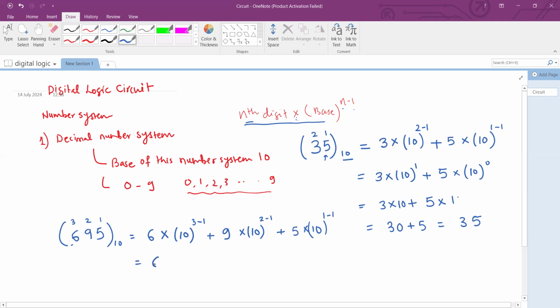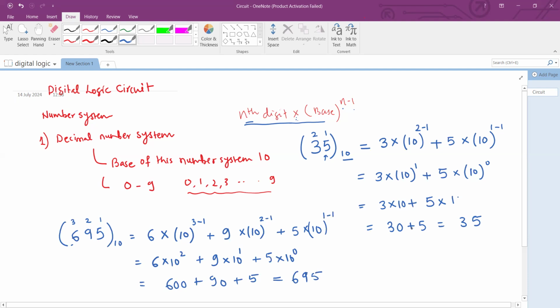So it would be 6 into 10 to the power 2 plus 9 into 10 to the power 1 plus 5 into 10 to the power 0. It would therefore be 600 plus 90 plus 5. That equals 695.